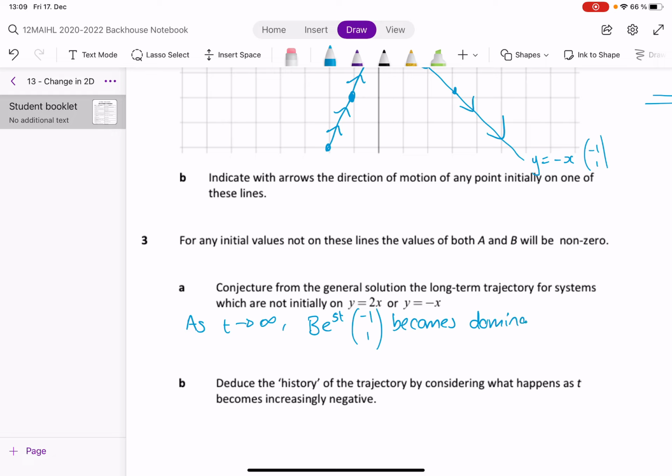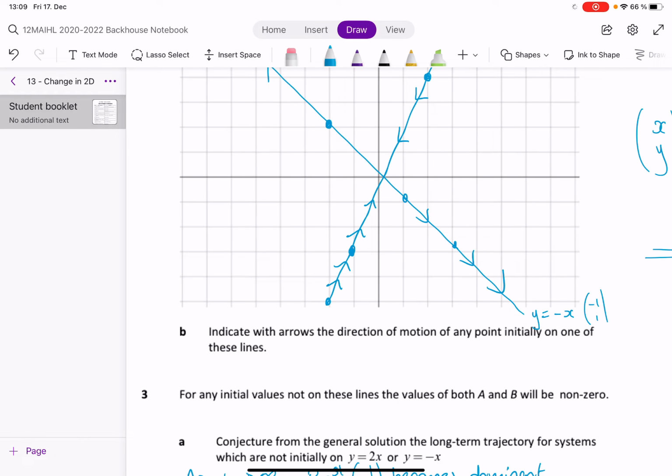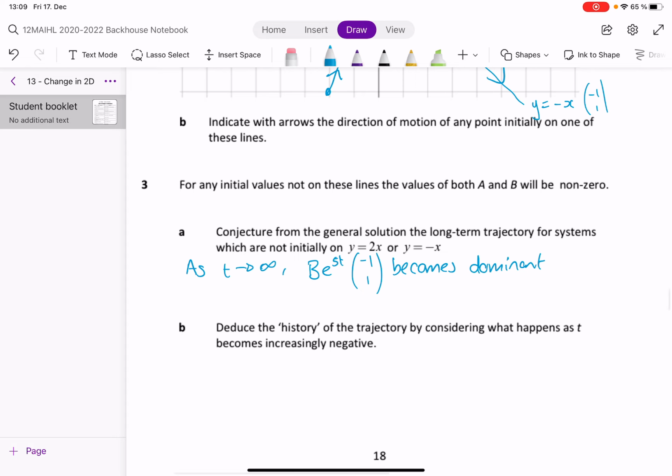So what that means is that it doesn't really matter where we start, the trajectories are going to start following that eigenvector, -1, 1. So trajectories will move in this direction.